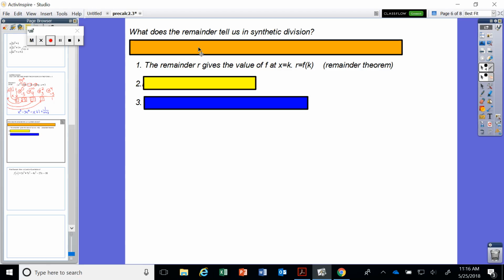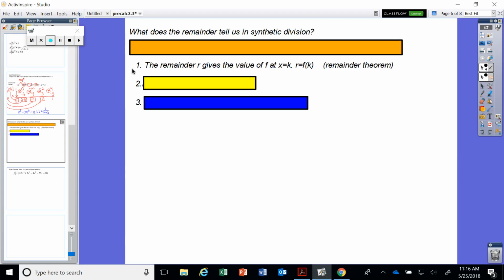So when x equals the divisor k, whatever the x minus k was, it specifically gives us what the value of y is for x equals k. Super important, guys, I can't tell you this enough. The remainder r gives us the value of y when x does in fact equal k.